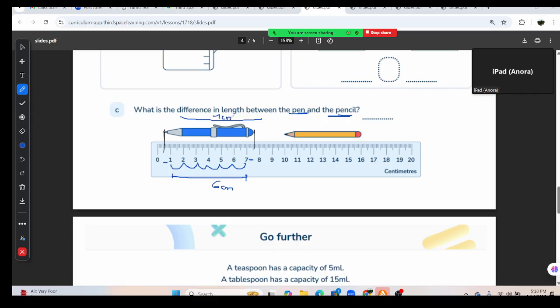This is 7 centimeters. And the pencil: one, two, three, four, five, 6, 7. So this is also 7 centimeters. So what is the difference between their lengths? 0. That means they are of the same length, right? Very good.